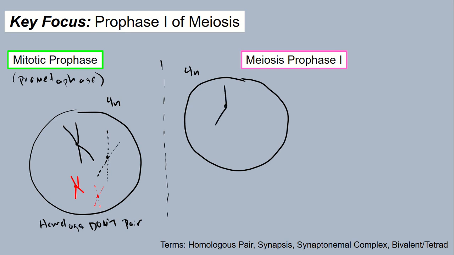Here's the homolog of this chromosome, and they actually pair up with the other homolog. There are cellular mechanisms in place that allow these two homologs to recognize each other and exist right next to each other. And this is where we get the term homologous pair.